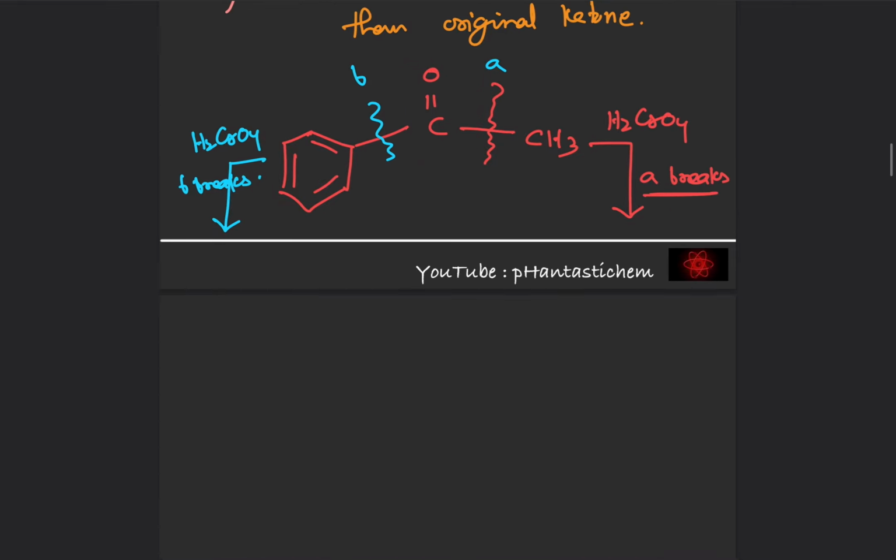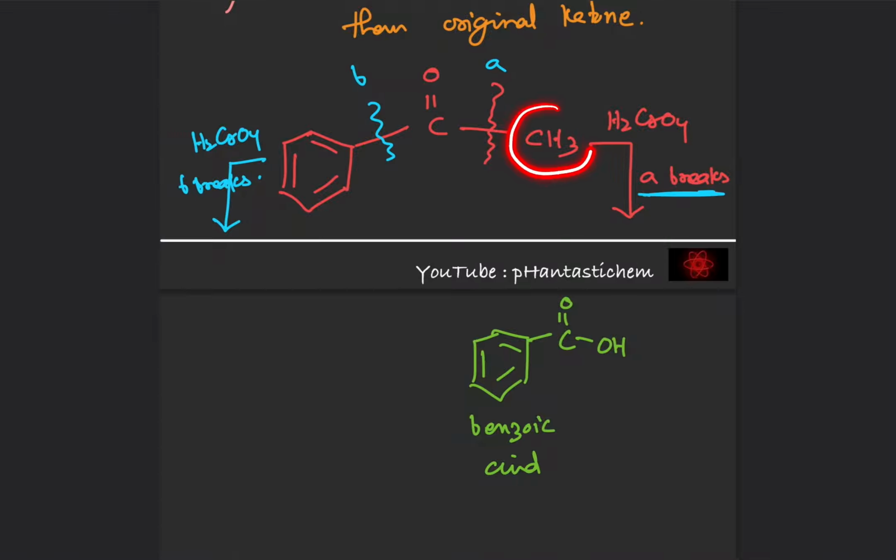So if we follow path A, one of the products is going to be C double bond O, OH. This is known as benzoic acid, and the other product is going to be from this part of the ketone, having one carbon atom. So therefore we will get HCOOH. So this is our Q, benzoic acid.